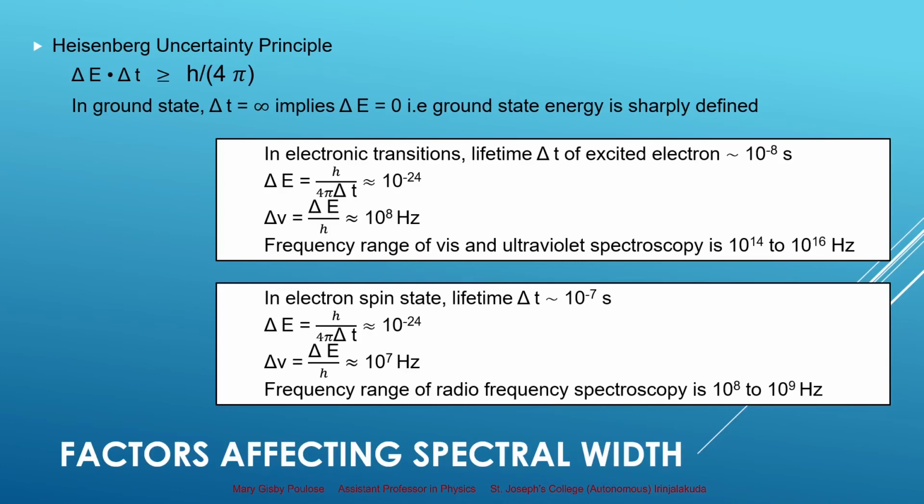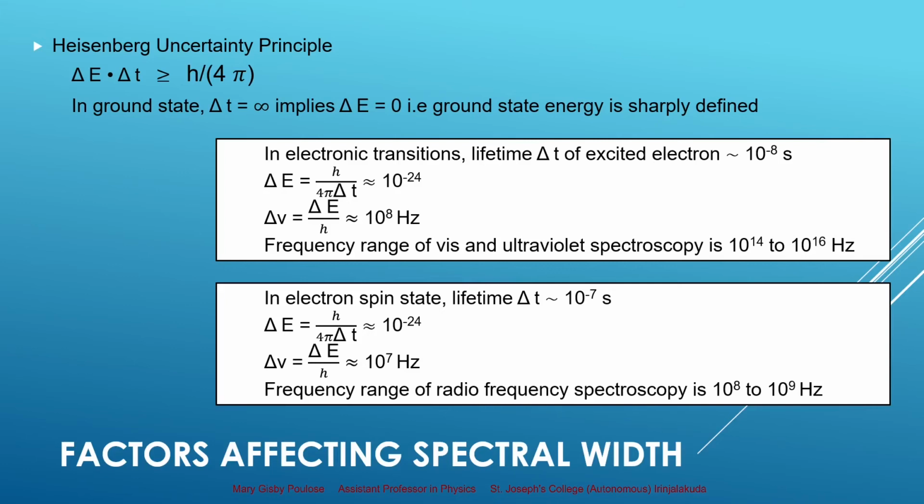But this region of the spectrum, the radio frequency region, is of the order of 10 raised to 8 to 10 raised to 10 hertz. So this is comparable, right? In the radio frequency range, this delta nu, that is this broadening of 10 raised to 7 hertz, is very much significant in this range of 10 raised to 8 to 10 raised to 10 hertz.